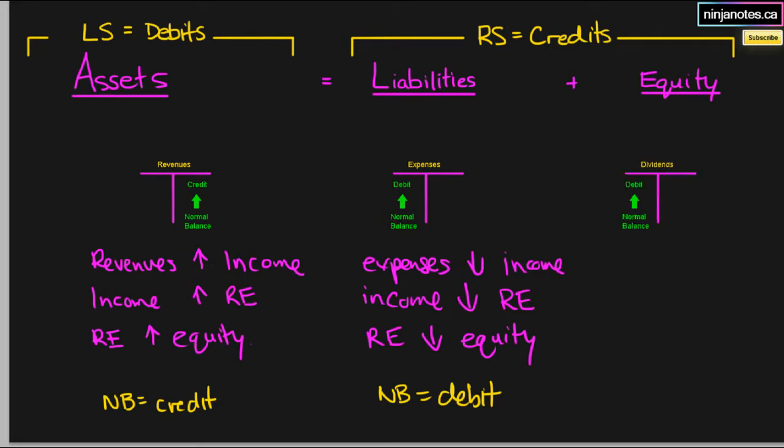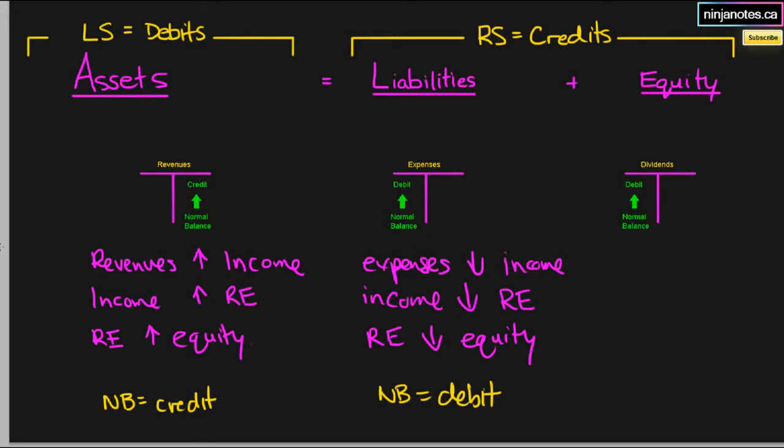And finally, we have dividends. And dividends are a little bit more complicated because people aren't really familiar. Maybe if you just got into accounting, you don't really understand equity markets yet, and it can be a little bit confusing. So dividends are actually a share of the earnings that are dispersed to shareholders.